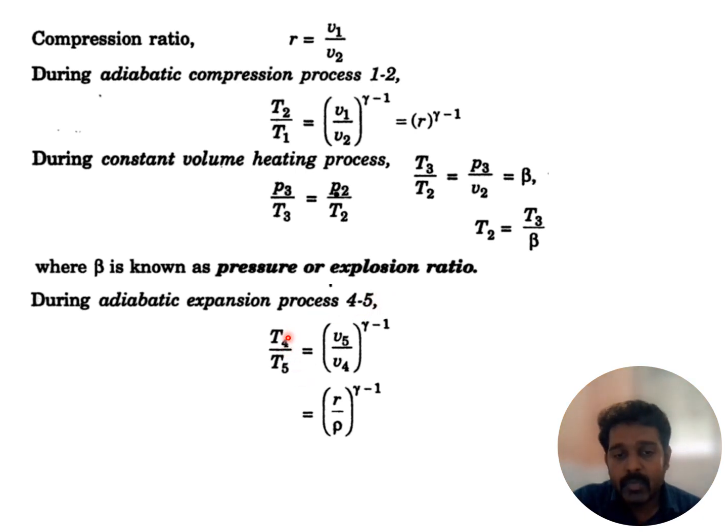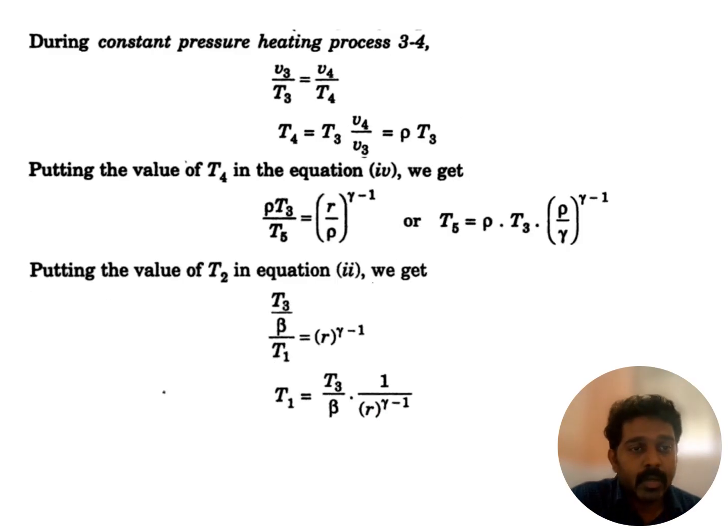Then T4 divided by T5 equals V5 divided by V4, the whole power gamma minus 1, is the formula. So here we take r divided by rho, the whole power gamma minus 1. Okay, then during the constant pressure heating process 3 to 4, V3 by T3 equals V4 divided by T4. So T4 equals T3 into V4 divided by V3, that is equal to rho into T3.